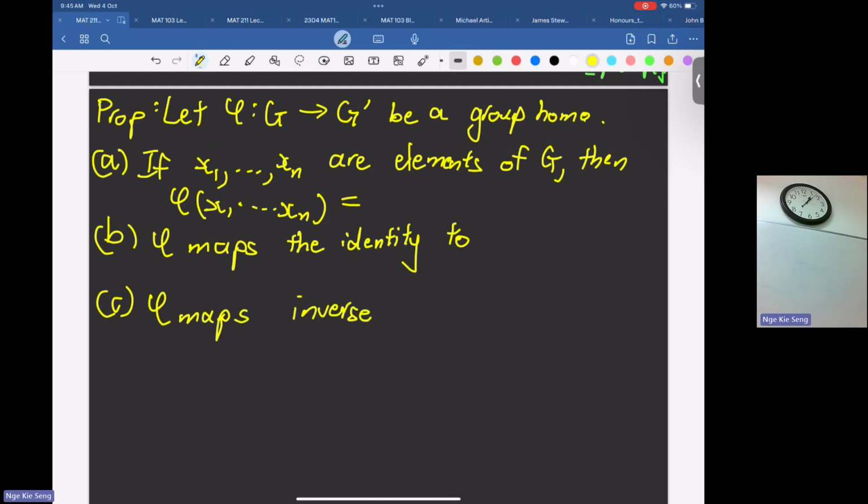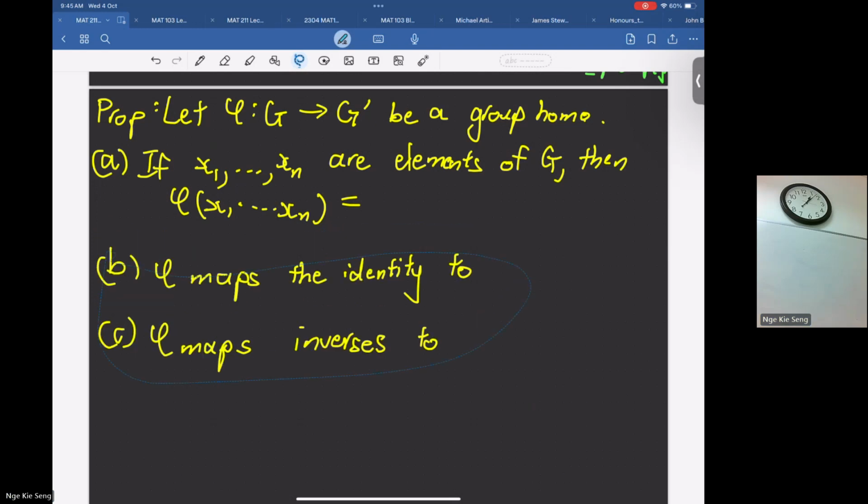Why are we interested in these questions? These questions are precisely the axioms of the definition of a group: identity, inverse, closure. So phi of x1 up to xn is the product of phi of x1 multiplied until phi of xn.